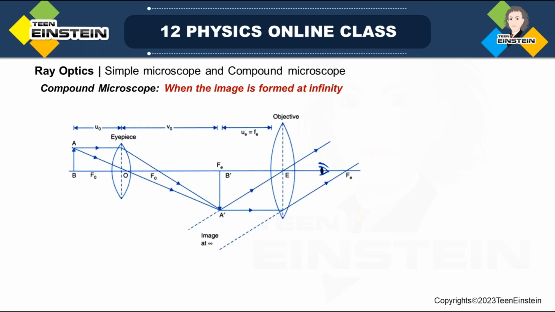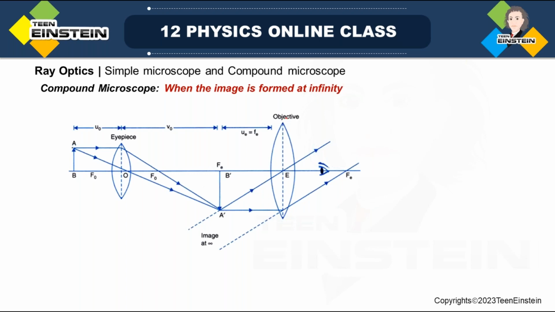Now we'll go for the second part. Look here, when the final image is formed at infinity, and when can it happen? Only when this objective produces an image exactly at the focal length of this eyepiece.